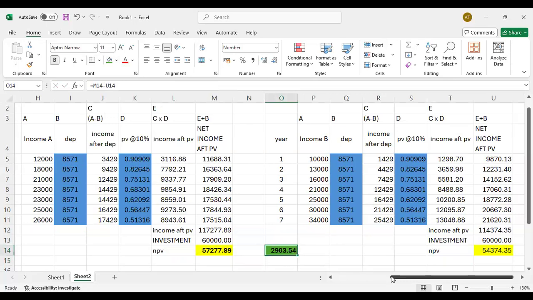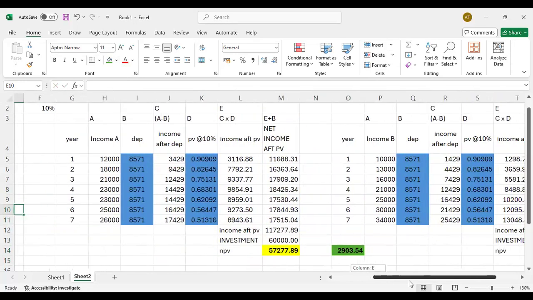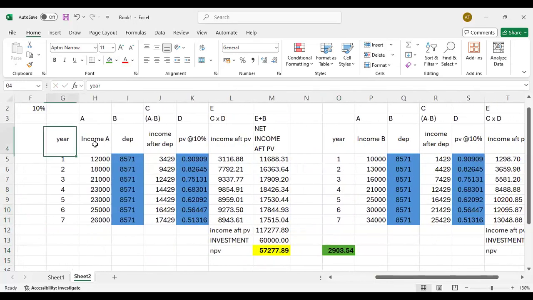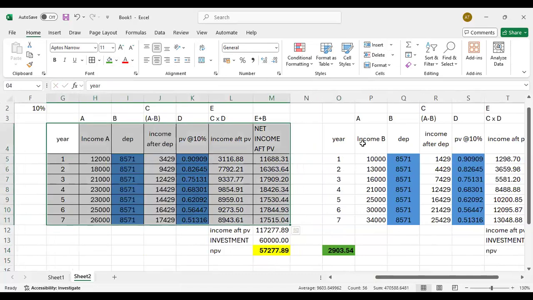So if I see the cash flow and make a total here, it shows that project B is generating more income because it is generating 1,49,000. But when I calculate the present value, I find project A is a better approach because it is giving better values.